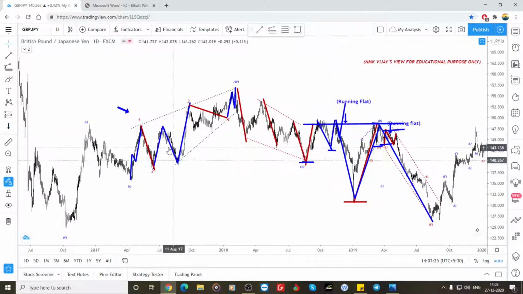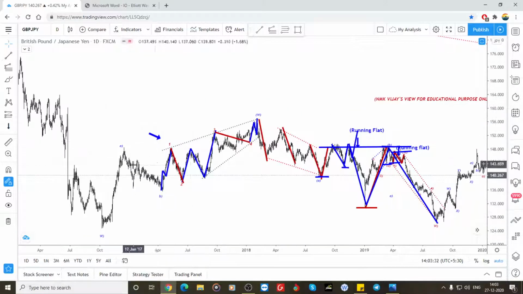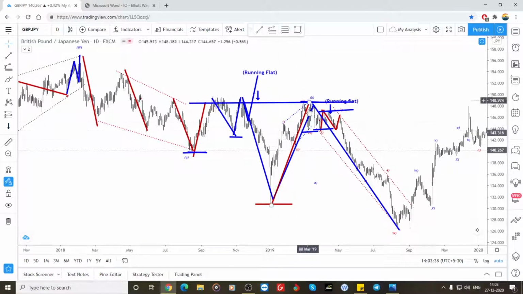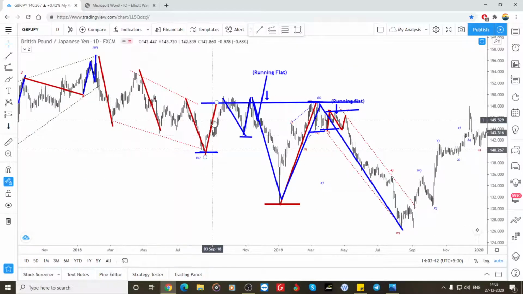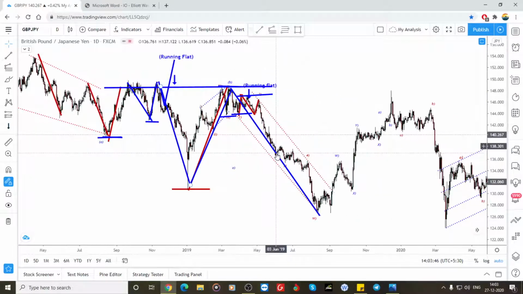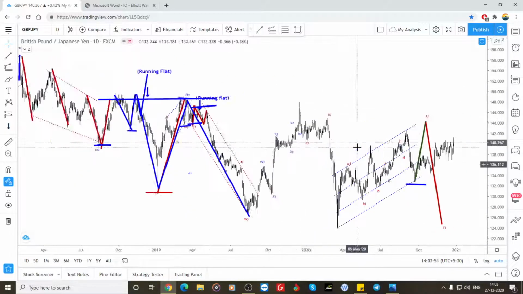Here is a wedge formation, here is a wedge formation, here is a wedge formation. So you come to the conclusion that GBP JPY is doing wedge formations, a lot of leading diagonals and ending diagonals. Here is an ending diagonal, here is also an ending diagonal, and here is a leading diagonal. Like that you can understand, and that means you will make more and consistent money in this financial market.